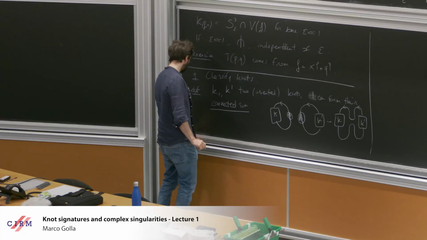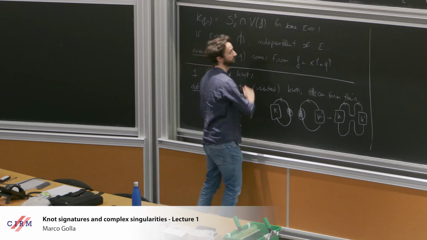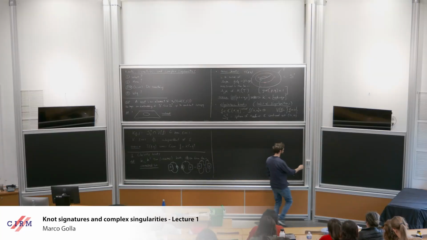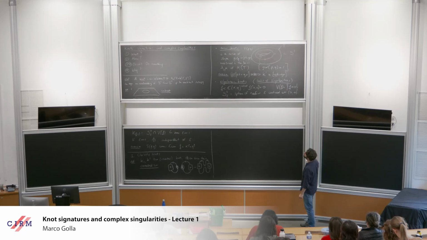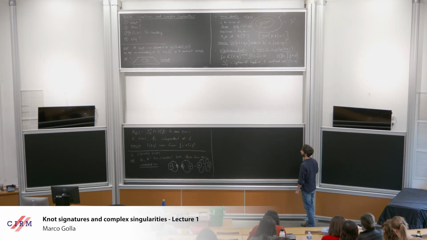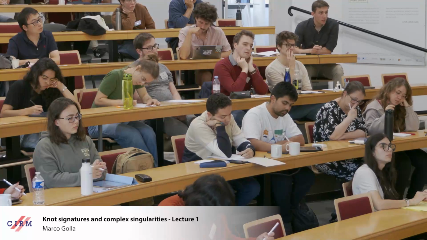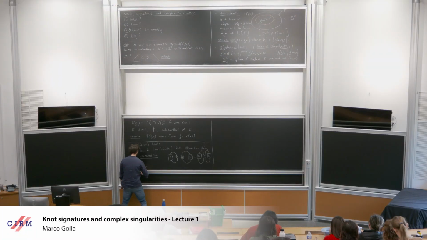And maybe the other operation that I can do on knots is the mirroring. So if I have a knot K, I can look at its mirror.